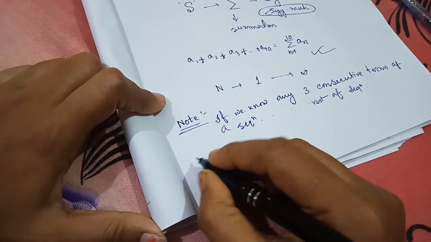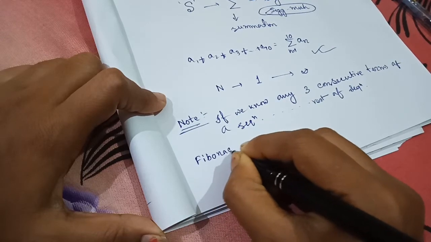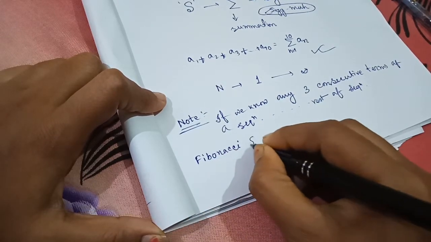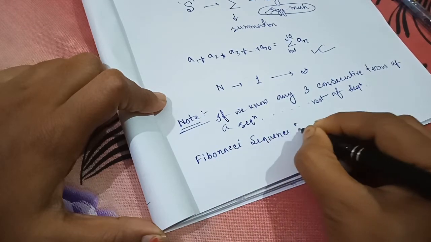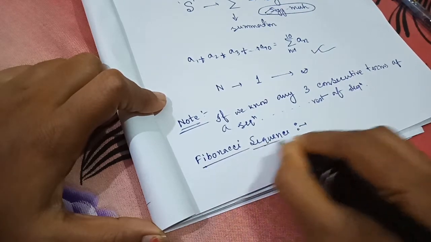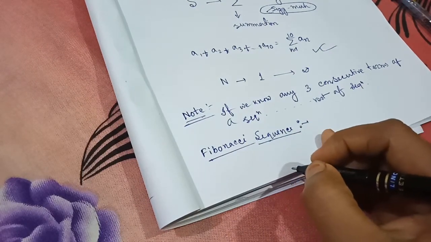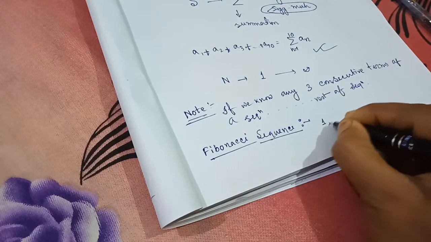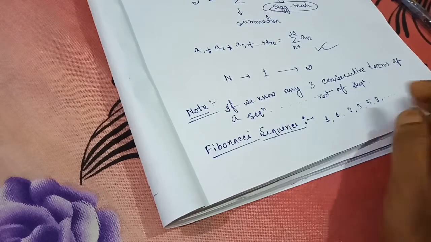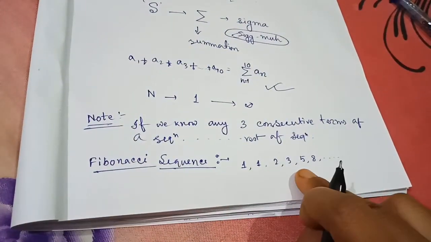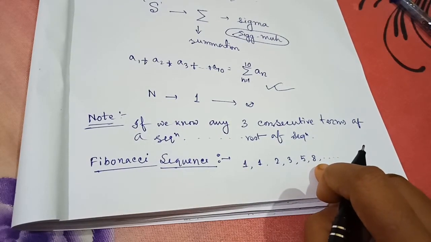Now I'm telling you about a special sequence, that is the Fibonacci sequence. In some cases, an arrangement of numbers such as 1, 1, 2, 3, 5, 8, dot dot dot has no visible pattern.